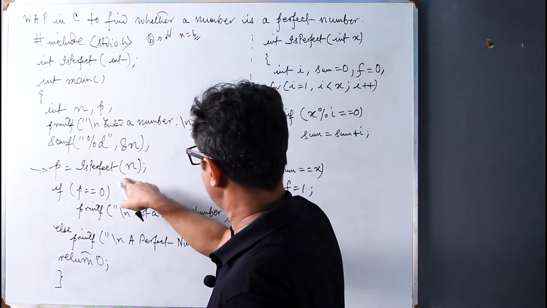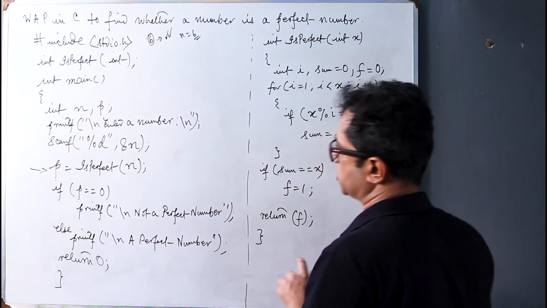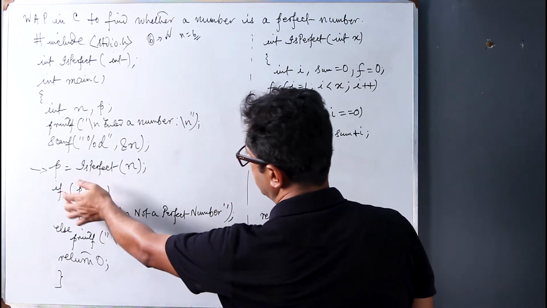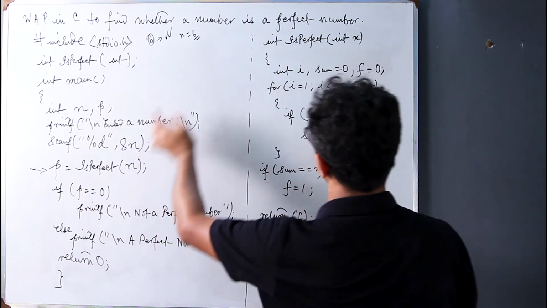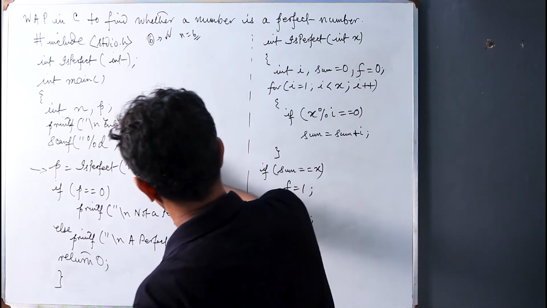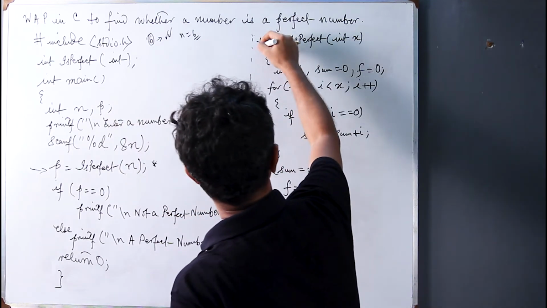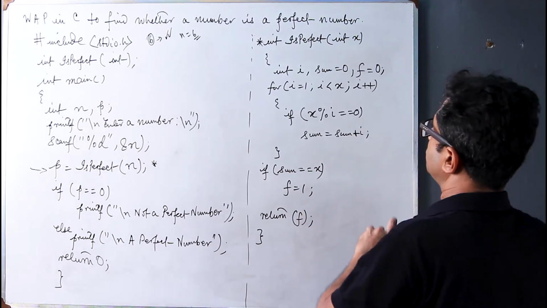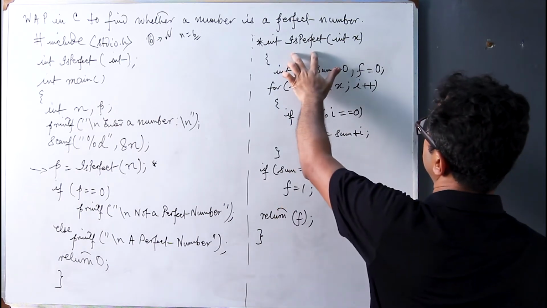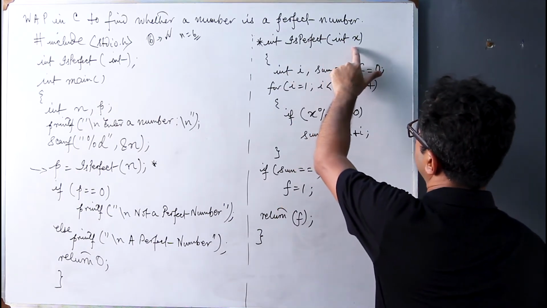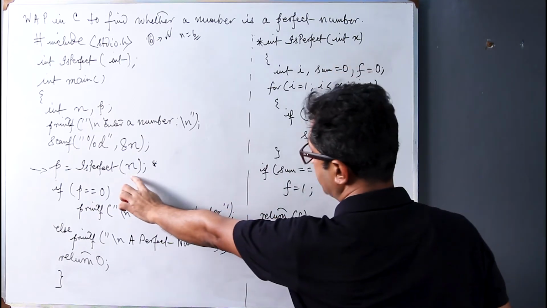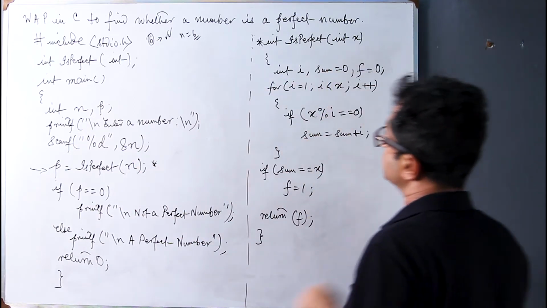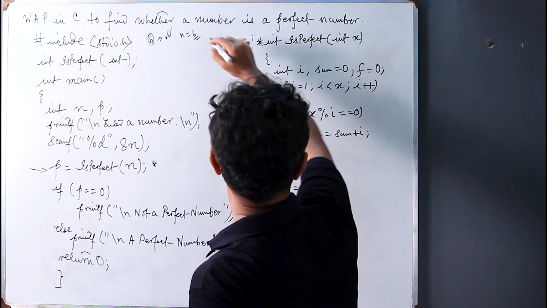This n will be passed as the actual argument to the function isPerfect, and the program control goes directly from this line to this line. The int isPerfect function definition has a formal argument x. Whatever the value of n is will be copied into x. This is an example of call by value.